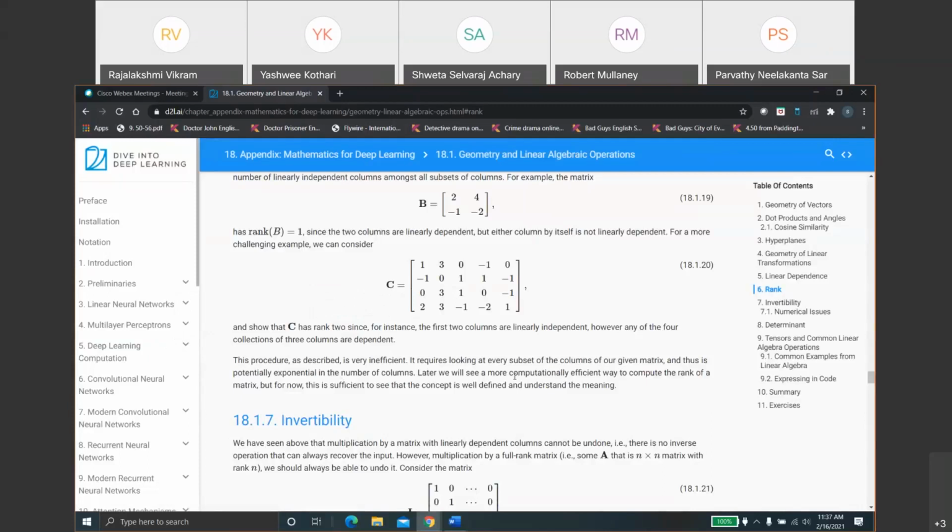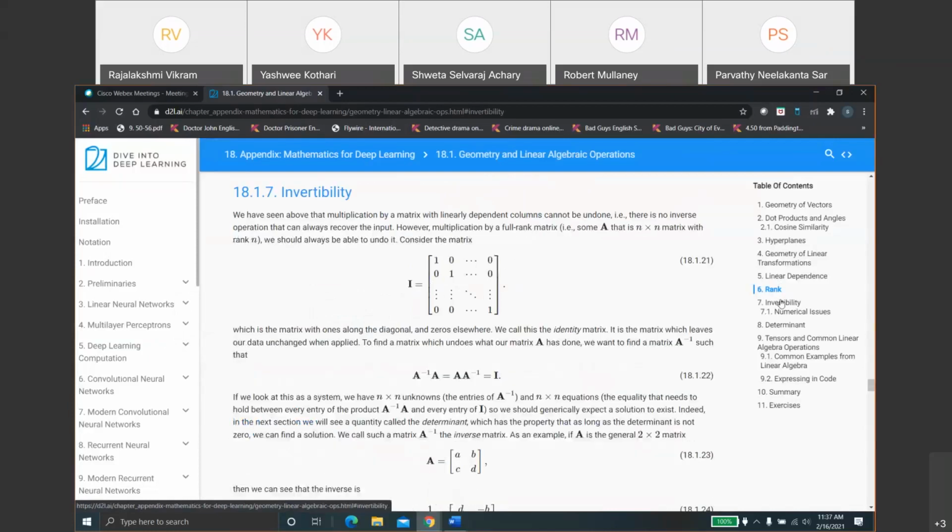So where is this linear dependence and rank used? It is used in invertibility. So as I said, matrix A, if there is linear dependence in it, then the transformations done by the matrix cannot be undone. Okay, so how can you invert a matrix?